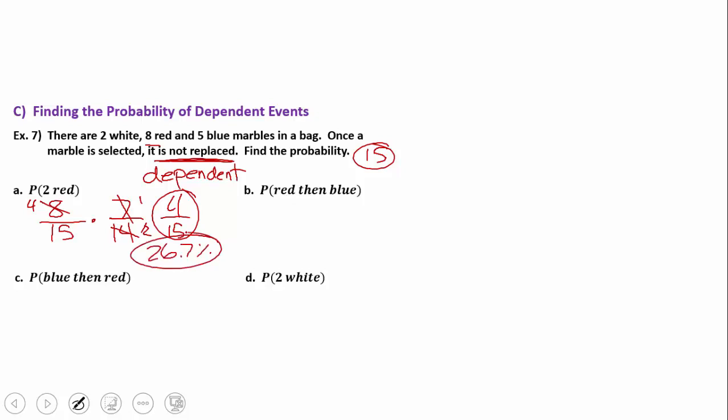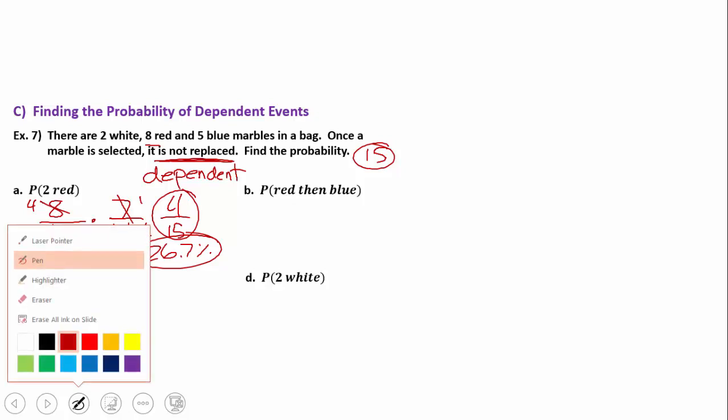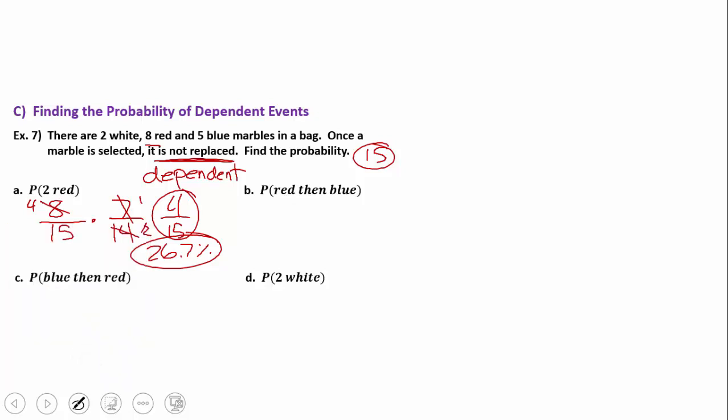All right, let's go on to the next one. I'm going to go with blue. Probability of taking a red and then a blue. Once again, there's 8 red out of the 15, so that's the first one. And now we look at blue. The first one we took out was a red. We didn't take out a blue, so there's still 5 blue left. But we did take out a marble, so there's only 14. Notice how that changed a little bit.